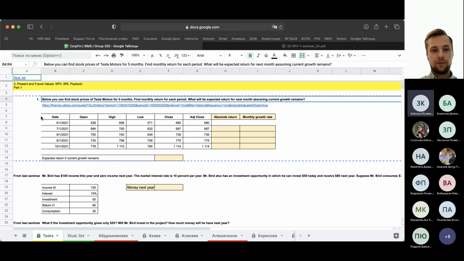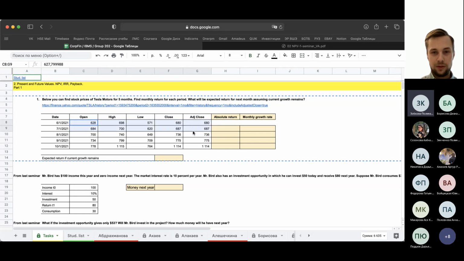I have also copied the initial data for the problems, which you can use for calculations. The initial data is color-coded in white, and the yellow cells are for the calculations.